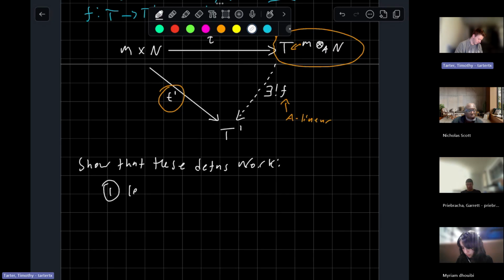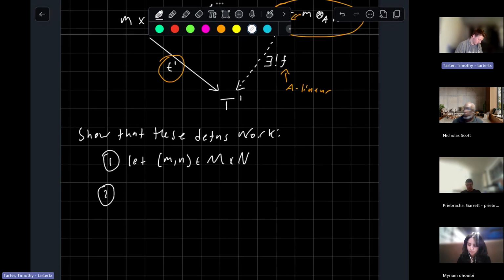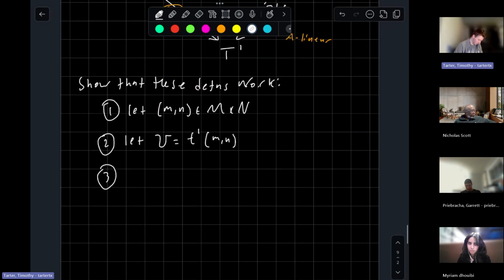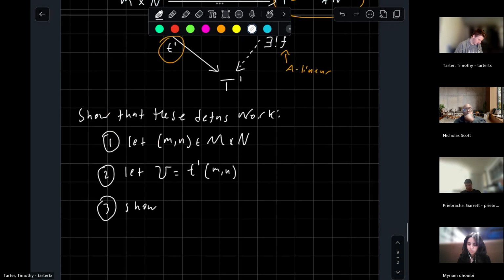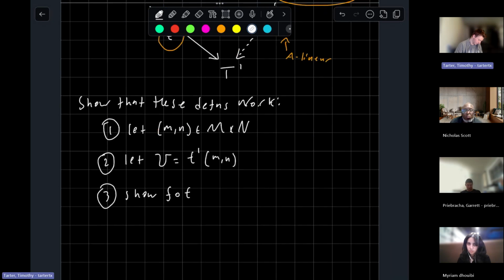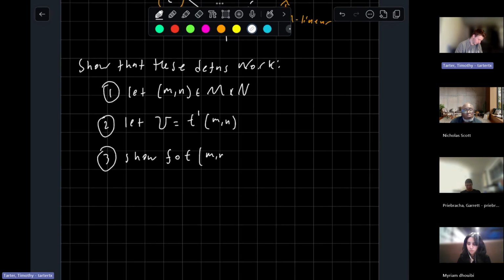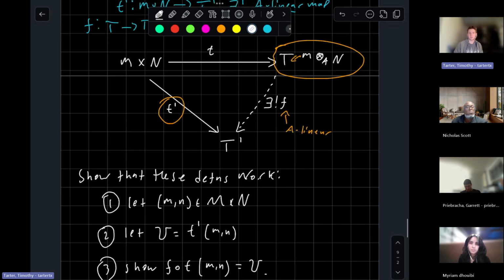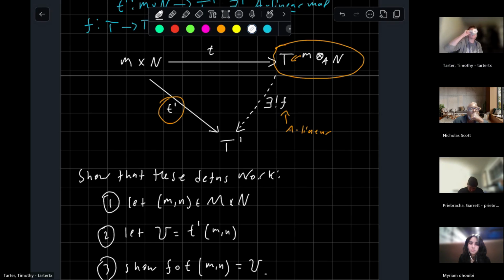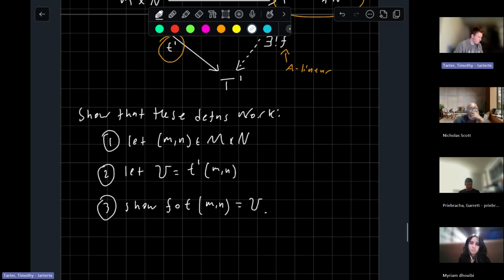The way we're going to do this is let M, N be in the Cartesian product M cross N, and let U equal T prime of M, N. Then show that F circ T of M comma N is equal to U. And that's how we would show that our original construction of the tensor product is universal. Any questions on that?